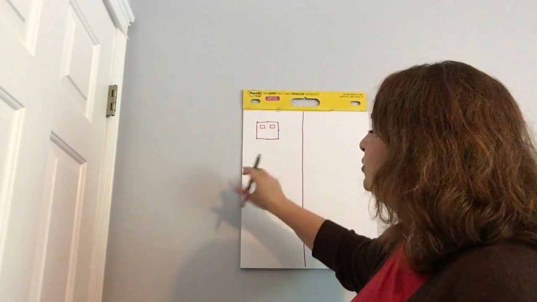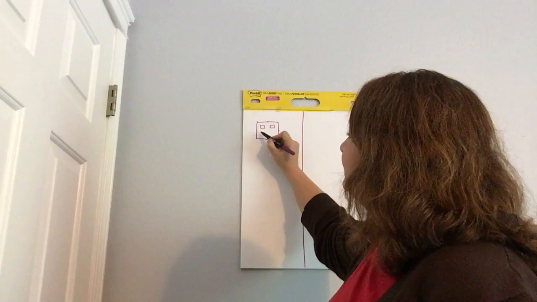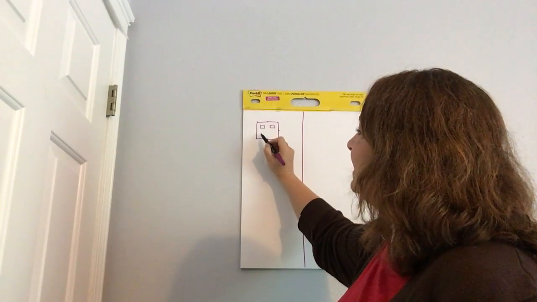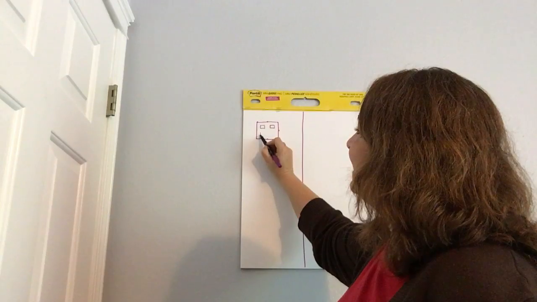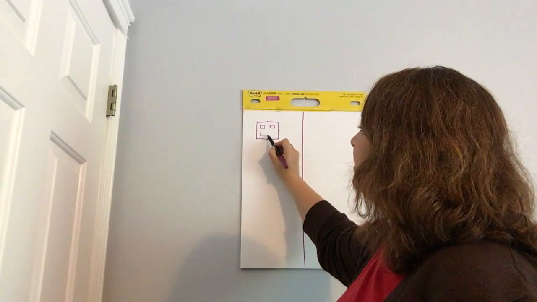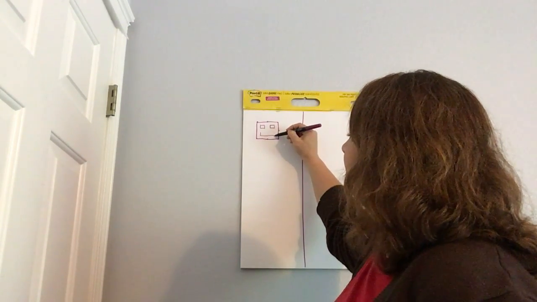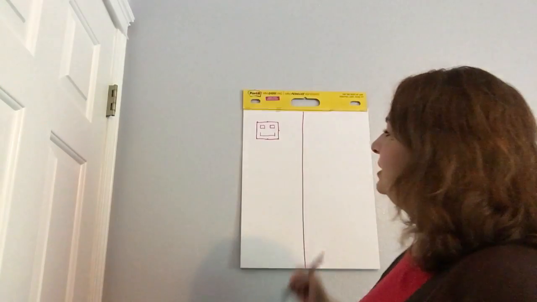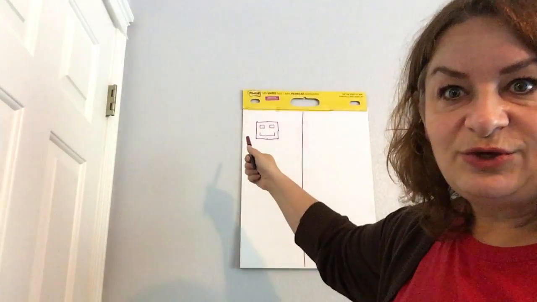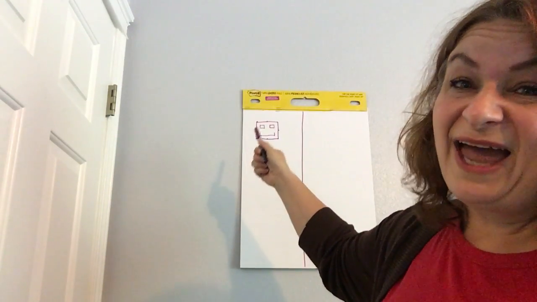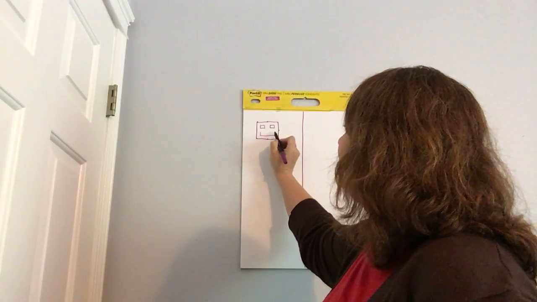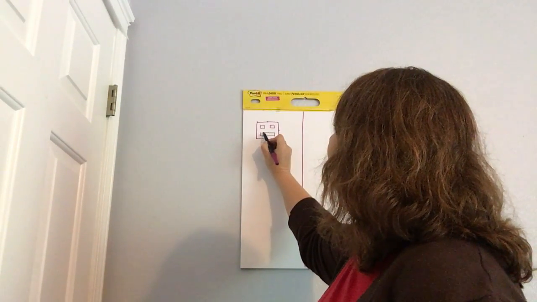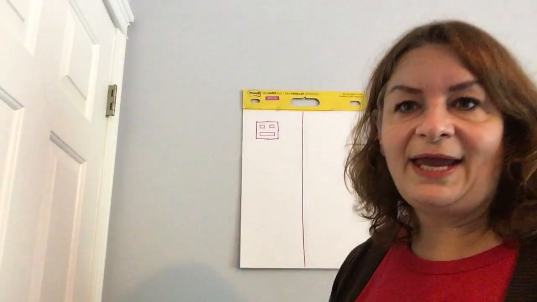And below my two eyes, I'm going to be creating the rectangular mouth. Start at the top, go down, and across, and back up. If I wanted to, I could have him have a smile like this. I do want him to have a full mouth, so I'm going to go back across with my line.